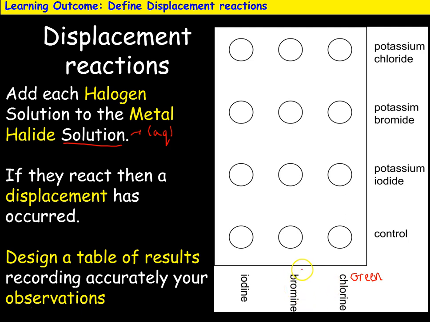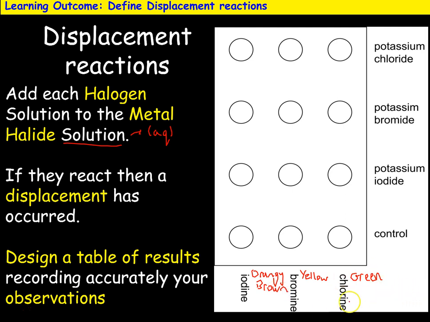The bromine is a very, very pale yellow colour, and again it's very, very pale. Iodine is orangey brown, and this is in solution. I just want to reiterate that's the solutions, not the elements.